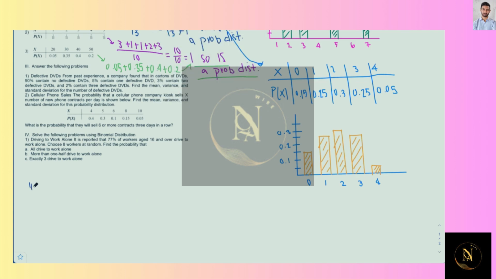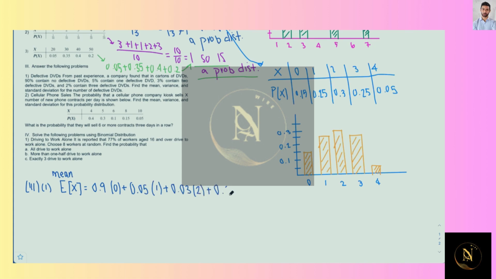So in part 3, problem 1, the mean is the expected value. That's going to be the sum of probability times the number of defectives. So probability 90%, so that's 0.9 times no defectives. Probability 5% is 0.05, that's 1 defective. 3% is 0.03 and times 2 defective.